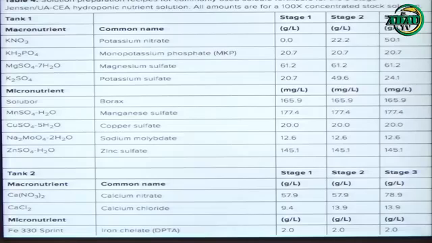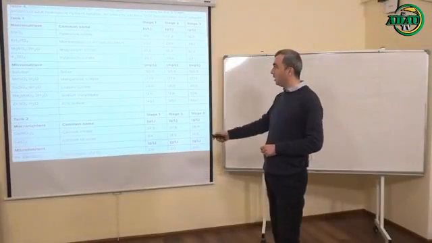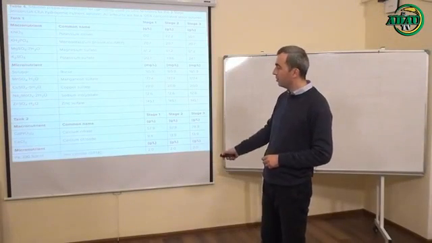As you can see, the sulfates and phosphates are in one tank, and calcium nitrates and chloride in another tank in order to not make them get in contact, and micronutrients in separate tanks.